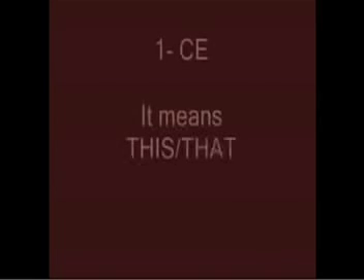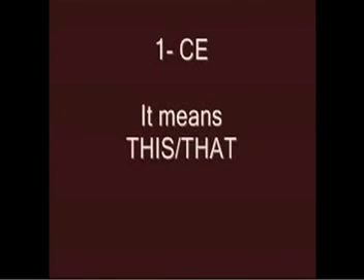Ce, cet, cette, ces. We will spend some time on each one of them. So let's begin with the first one. Ce. Ce means this or that, and I really insist on this. You have no way to tell whether the object I am indicating is far away from me or close to me.